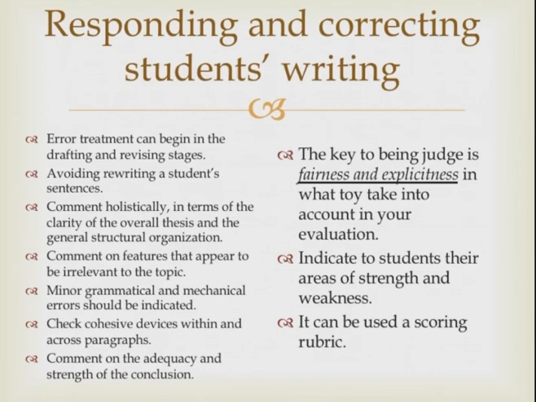Check cohesive devices within and across paragraphs. Comment on the adequacy and strength of the conclusion. The key to being judged is fairness and explicitness in what they take into account in your evaluation. Indicate to students their areas of strengths and weaknesses, and it can be used as a scoring rubric.